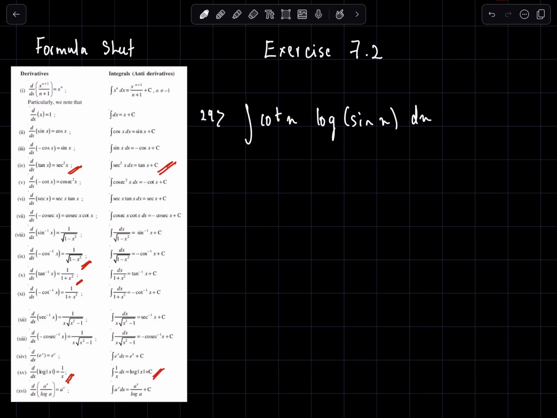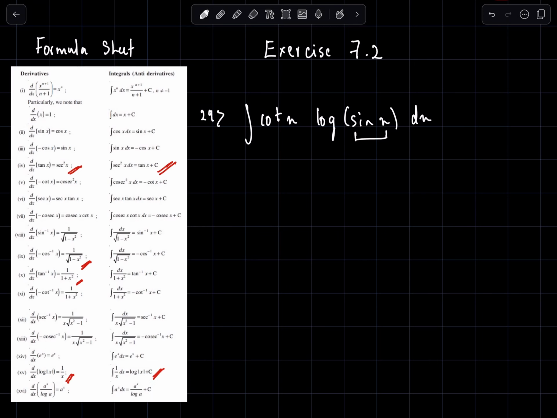But if I take sine x, remember it was supposed to be log of x, but then you have something in it as sine x, so I would take this as equal to t. Now you might be confused, how would that help? So the way I think is, if I take sine x is equal to t, I need cos x dx.